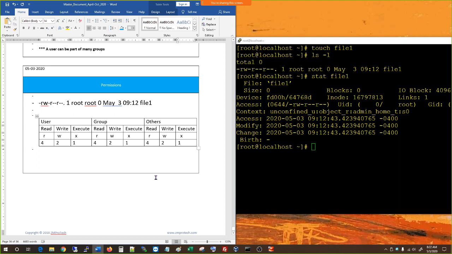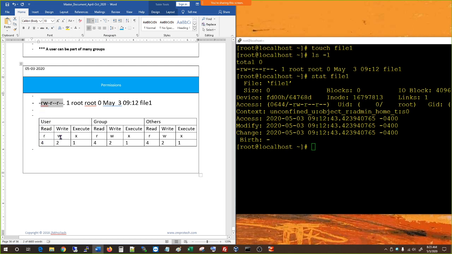Same thing here, 4, 2, 1. So we're not reading what this number is yet, okay? But I'm explaining to you. We have these 9 places here. I'll explain the leading hyphen a little bit later. From here to here, this is the permission information. If you count carefully, it's 9 blocks.